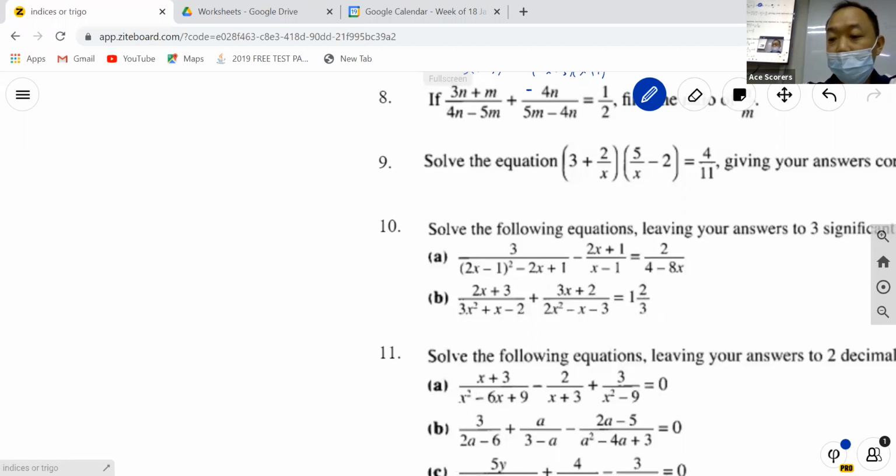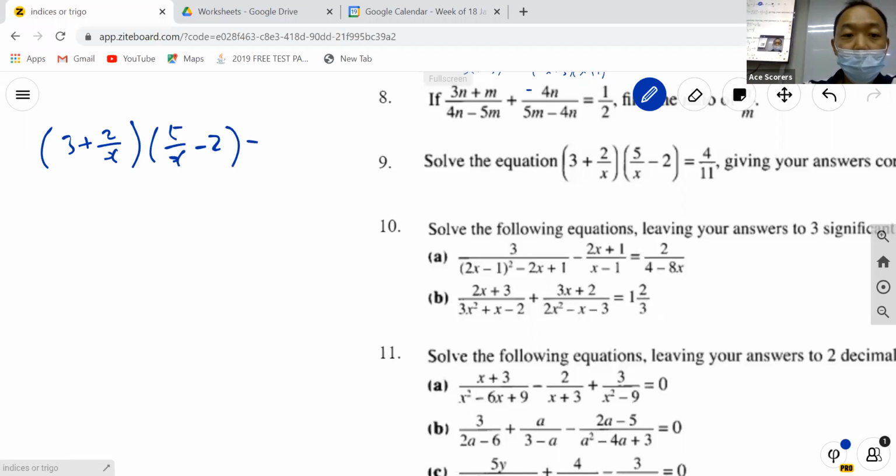Okay, so question number 9. We need 3 plus 2 over x, 5. Okay, so this is just rainbow in, straightforward. Rainbow in.